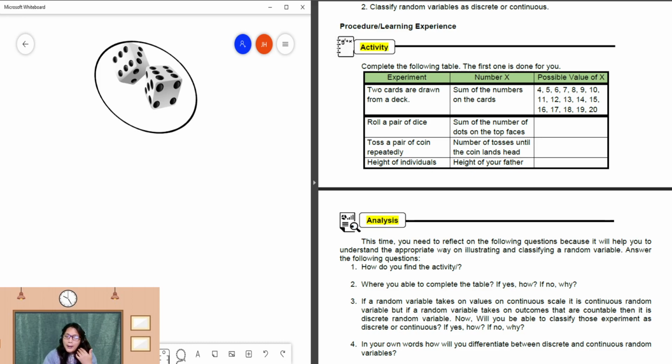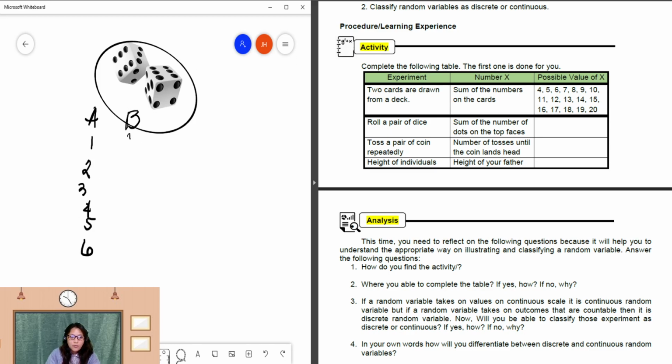The lowest possible value of the first die is 1, right? Then followed by 2, 3, 4, 5, and 6. Let's say A is for the first die, then B is for the second die of the pair.